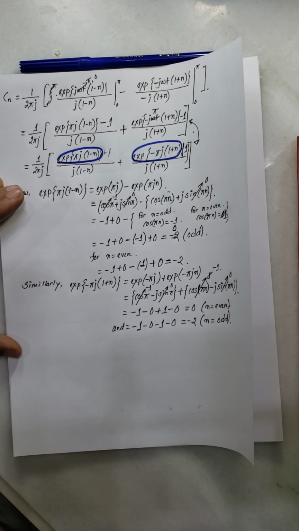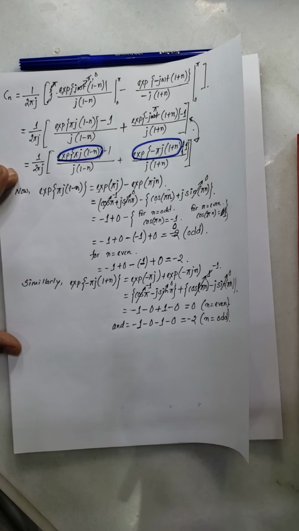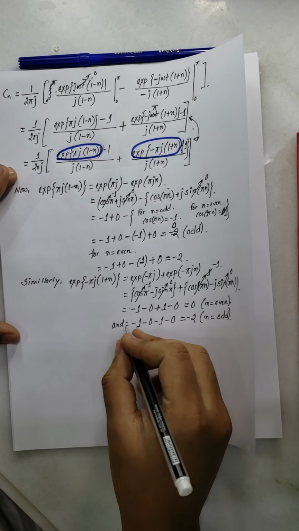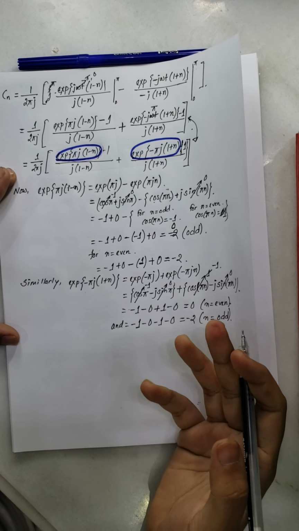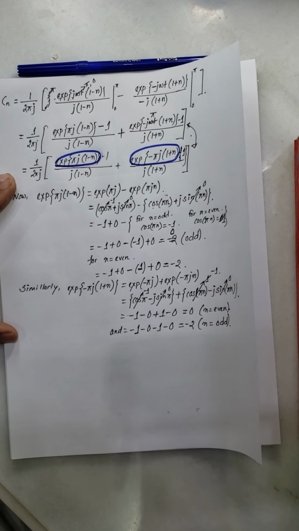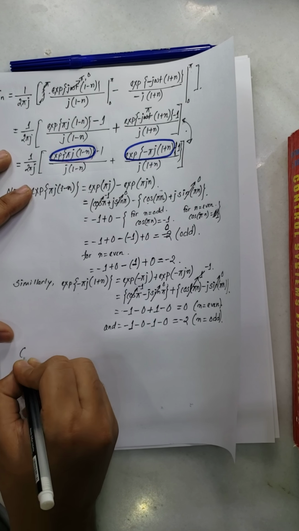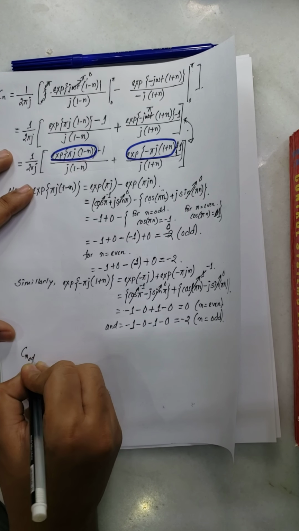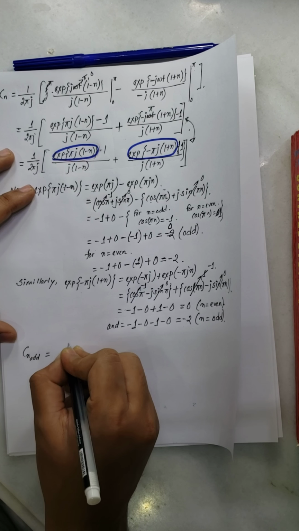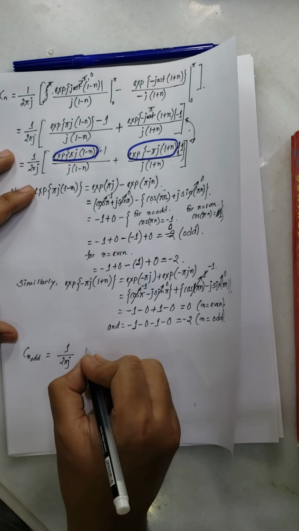Now as you can see, we will have two values of c of n, one for the odd values of n and one for the even values of n. So let us first solve for the odd value. C of n odd equals 1 over twice pi j.